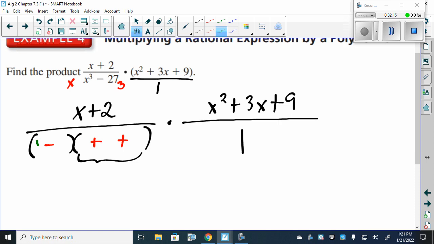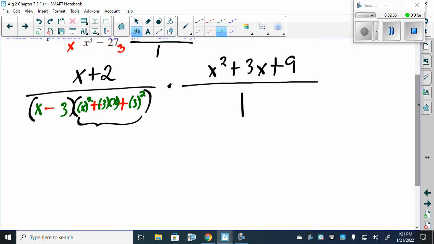If we plug in the x, we would have here x. This here would be x squared and x. And we plug in the 3's, we'd have 3. Here we'd have 3 in our x, and then here we would have 3 squared. And when we simplify this here, well, here we would have x plus 2.